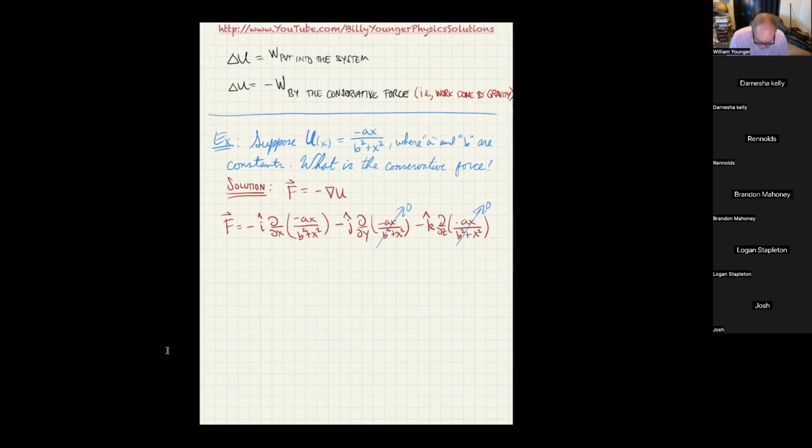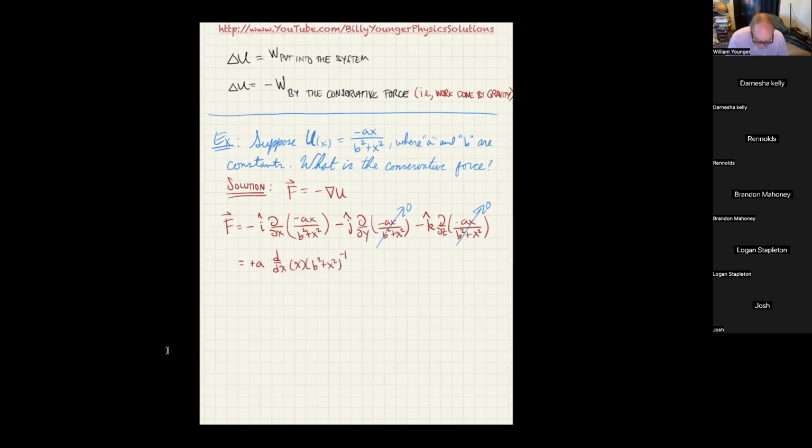So if I continue, I'm going to distribute the negative to the front and the a to the front. So I'll say positive a times, now there's only one variable present, so I might as well write d by dx of x times b squared plus x squared to the negative 1 power.